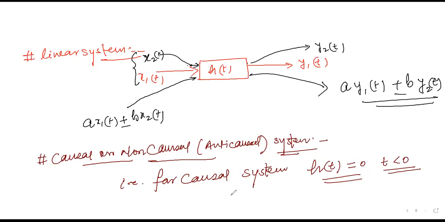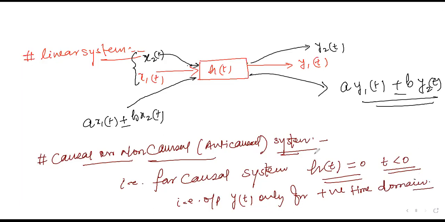That is, output only for the positive time domain, right? Output only for the positive time domain. Then this is called a causal system.